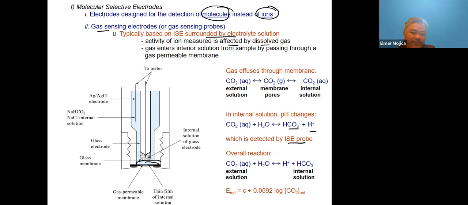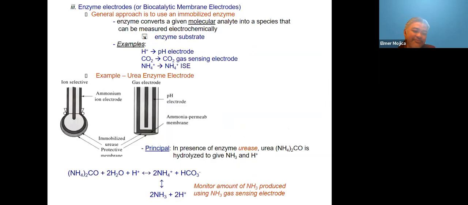And the common one, not really the common, the one that I have what we could use is this enzyme electrode, the biocatalytic membrane electrode. Ang approach dito, i-immobilize mo yung enzyme doon sa system. And usually this enzyme would act on a certain target or a certain molecule. So the enzyme would convert the given molecular analyte into a species that can be measured electrochemically.